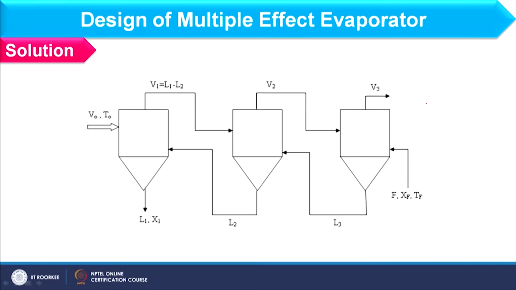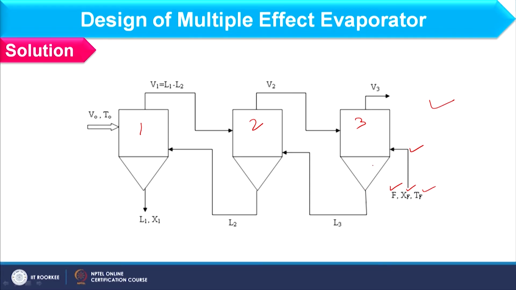Here we have the schematic where the first, second and third effects are shown, and feed enters into the third effect because it is backward sequence, with flow rate F, concentration XF and at temperature TF, right.